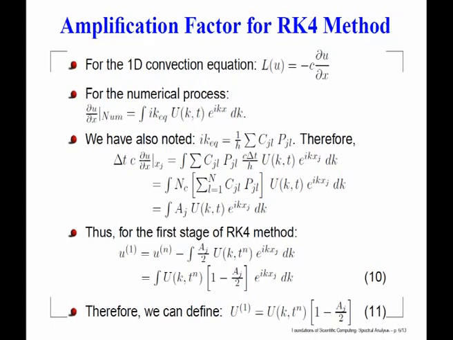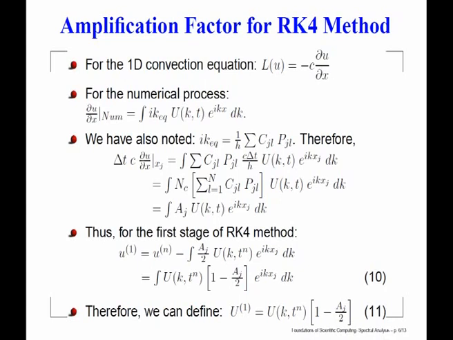So, having done that, this is our first stage, u of 1 is obtained in terms of the starting point u n times this part, right, that is what we have to do, and that happens to be minus A j by 2 and this quantity. So, u n itself is u k t n e to the power I k x j. So, the whole thing can be written like this.